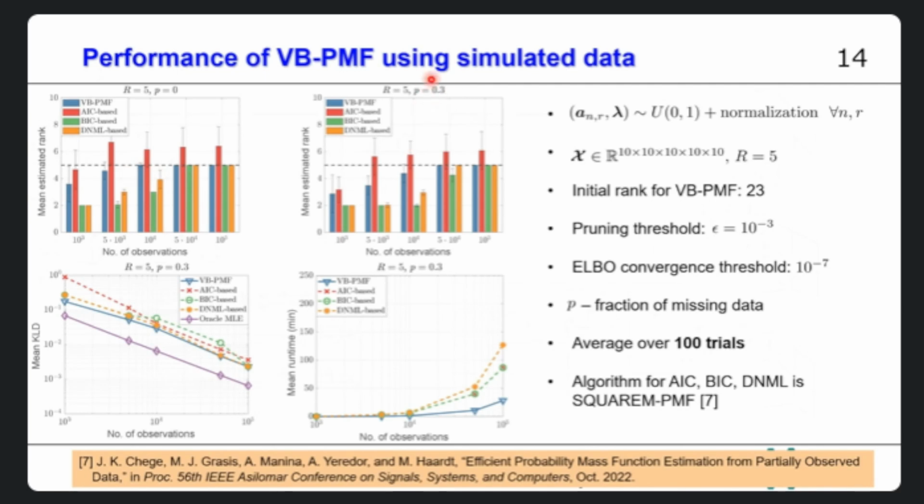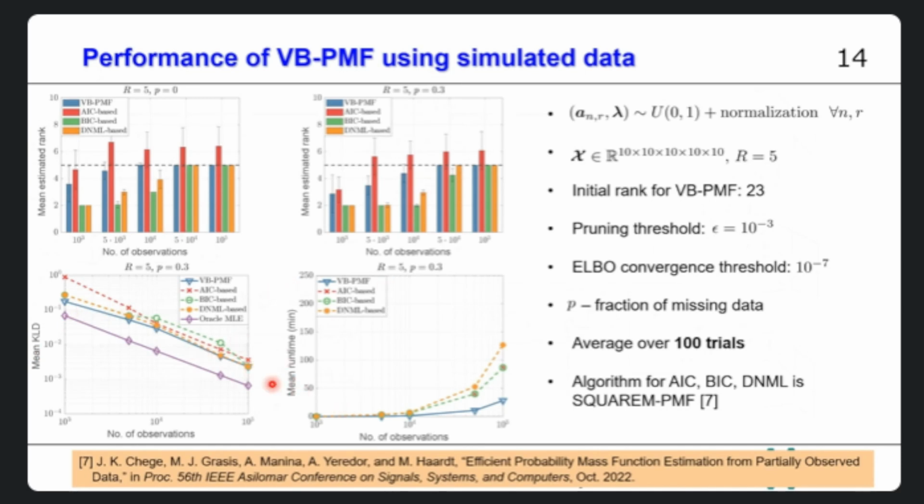Also, if P is equal to 0.3, we can see that it learns the accurate rank with almost no overfitting. Here we can also check the KLD between the estimated and true PMF tensors, and we see that the performance of VB-PMF is also very good.